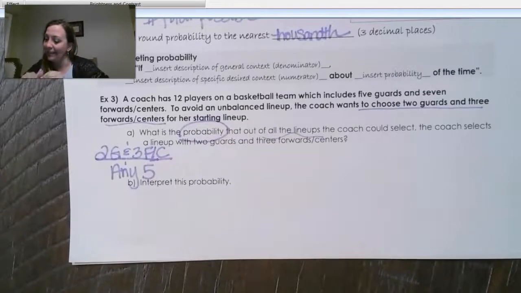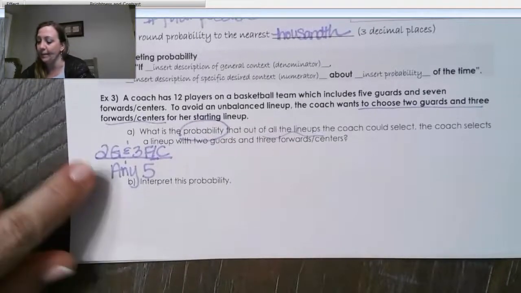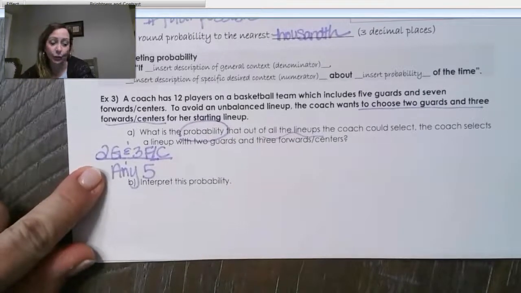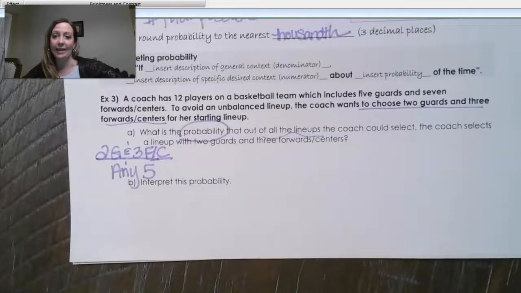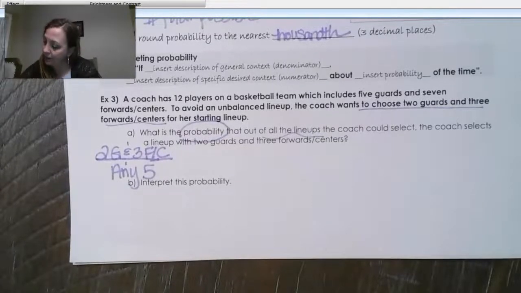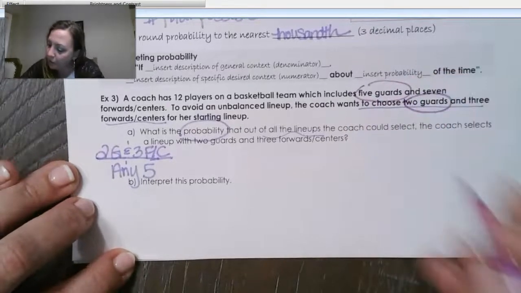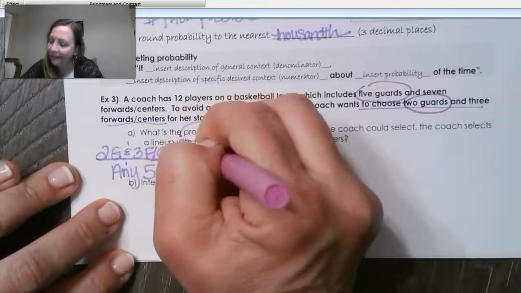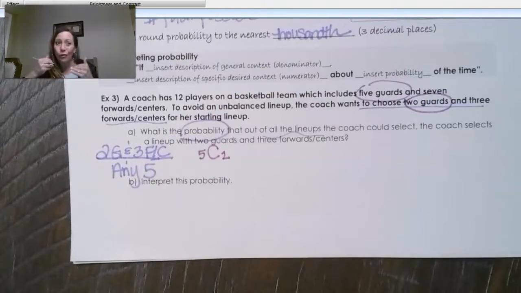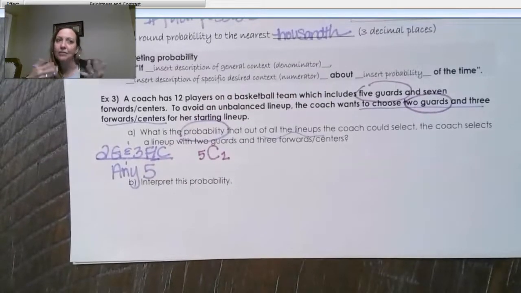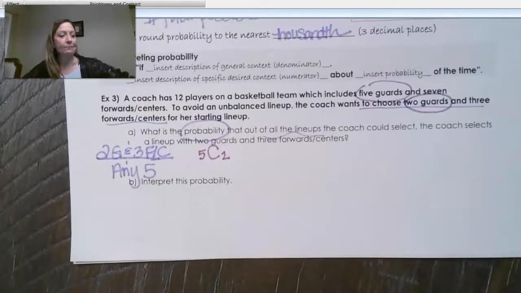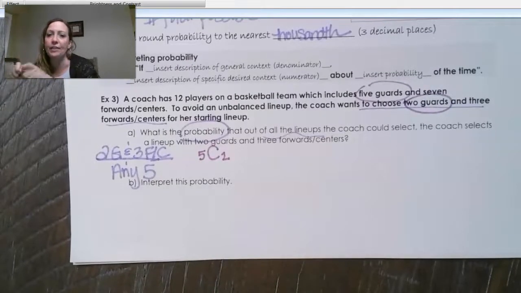So let's look at the idea of finding the number of ways that we could get 2 guards. Well, once again, we've got 5 guards and she wants to choose 2. So that means we're going to have 5C2. The order in which she picks them doesn't matter. It's a combination. We do use combination a lot more than the permutation for these questions.